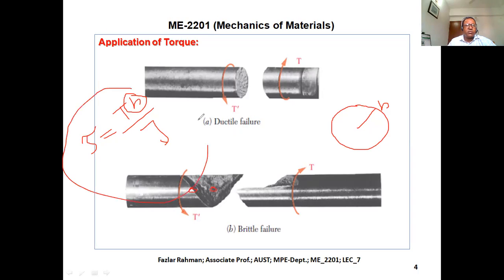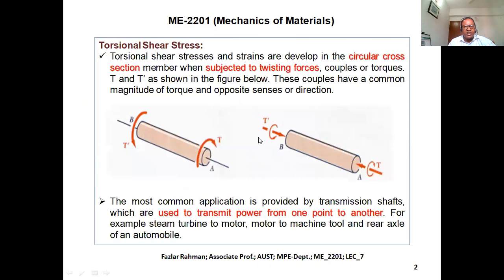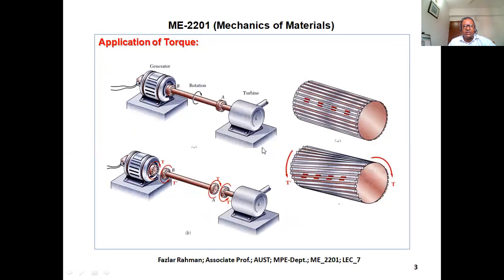So we derived this formula, and we can go through the slide. I just give you the idea. Right over here, we show you the application, where this formula is applicable. You have a turbine rotating a generator, so you need a shaft. In that case, you need to make sure the shaft will not be broken.